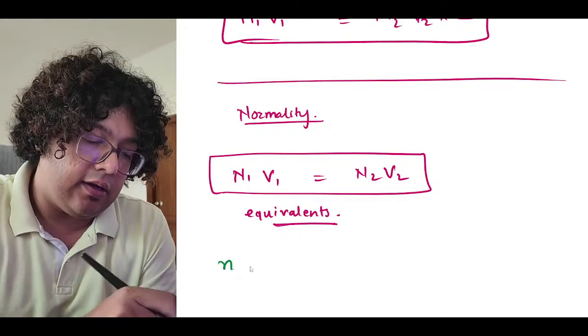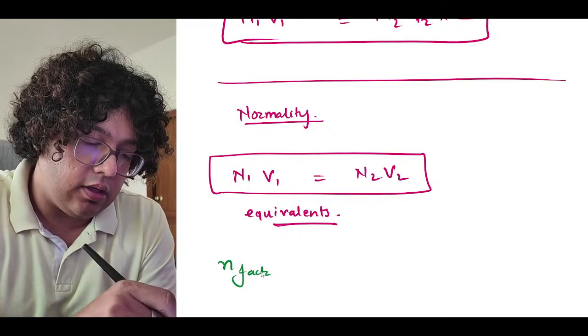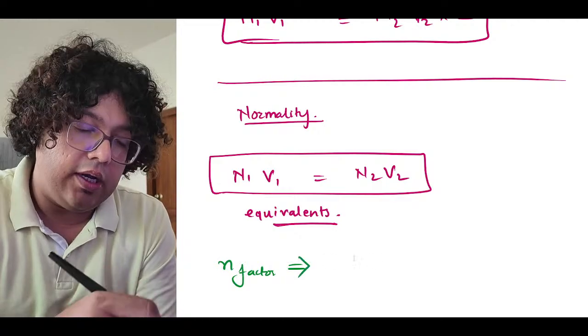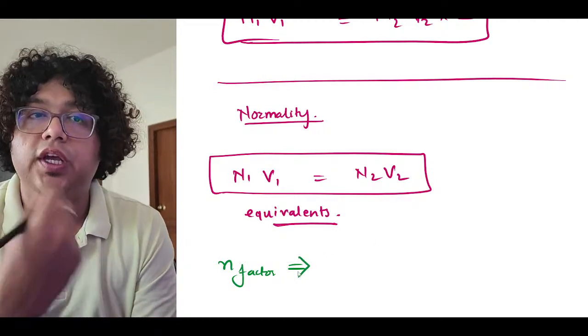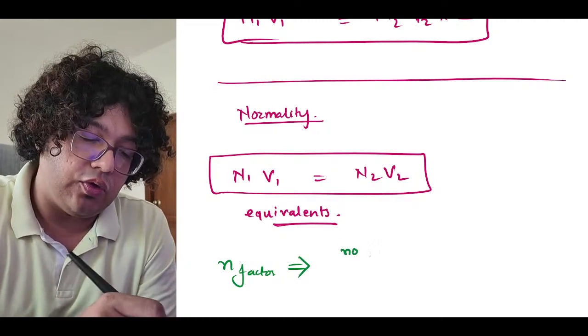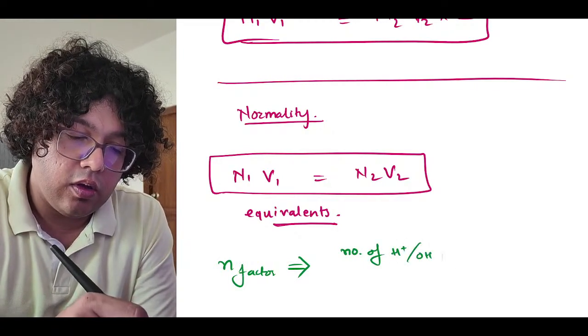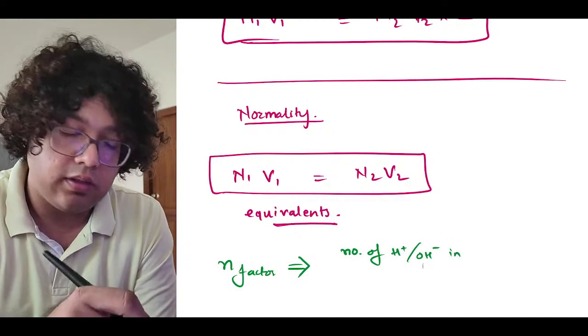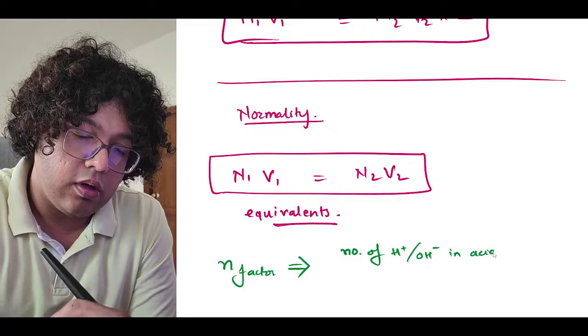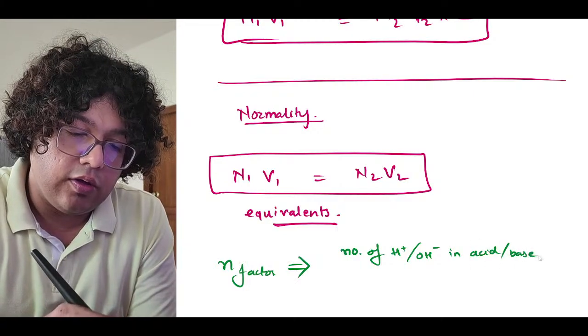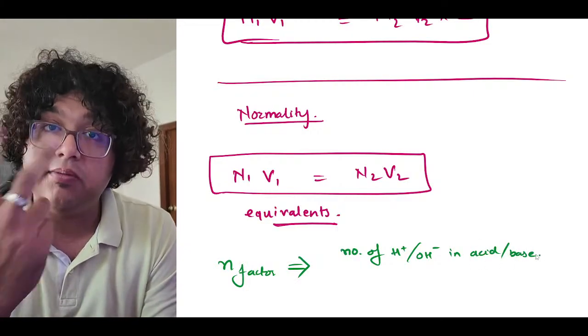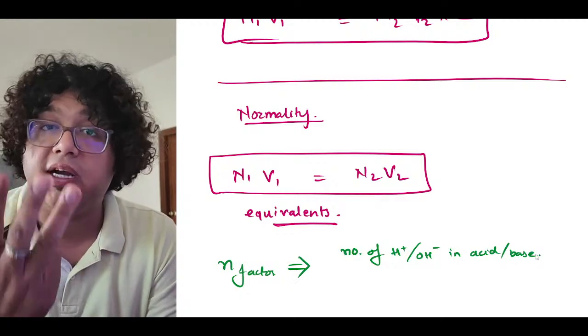Now, N factor is dependent on the number of H plus or OH minus in an acid or base. So if you have H2SO4, N factor will be 2. If you have H3PO4, N factor will be 3.